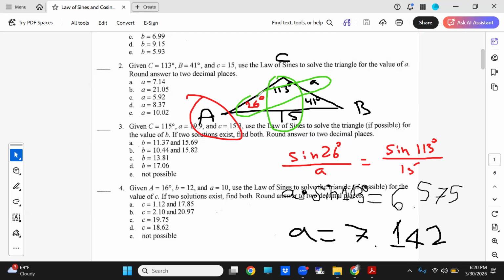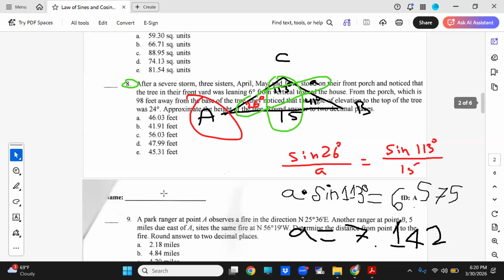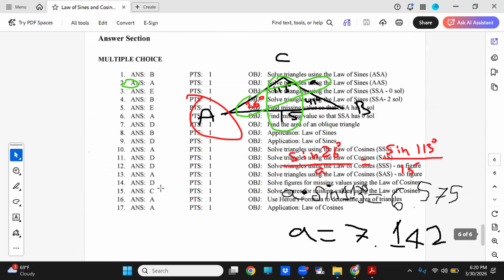Is that right? Yeah, looks like the answer is A. Let me double check the answer key. Yeah, good. You got it.